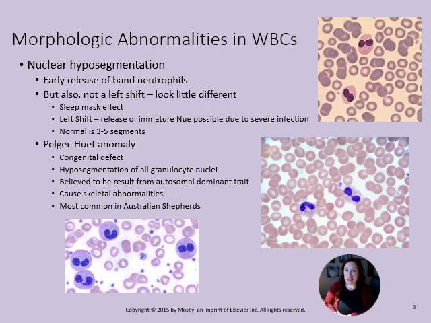So left shift isn't a good thing because it's pumping out, again, neutrophils that aren't ready yet. They're not fully developed. So note that nuclear hyposegmentation is not a left shift.